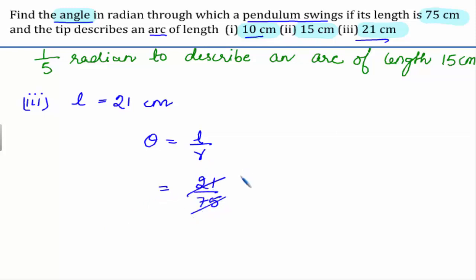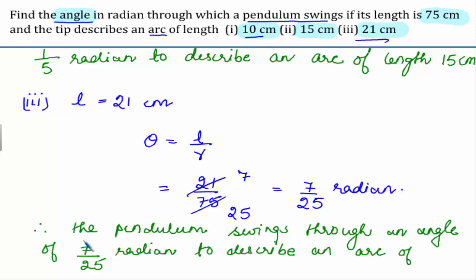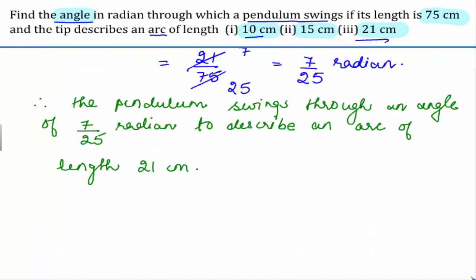Now 3 is the common factor. 3 7s are 21, and 3 into 25 gives 75. So this is equal to 7 upon 25 radian. Therefore, the pendulum swings through an angle of 7 upon 25 radian to describe an arc of length 21 centimeters. This completes the solution.